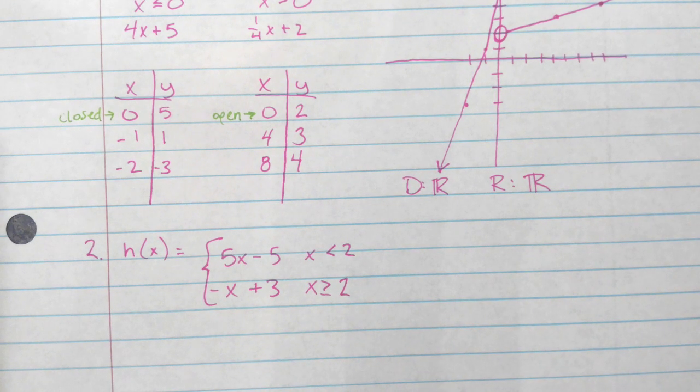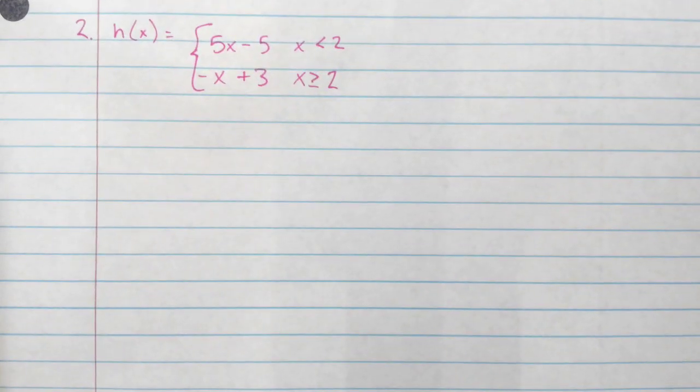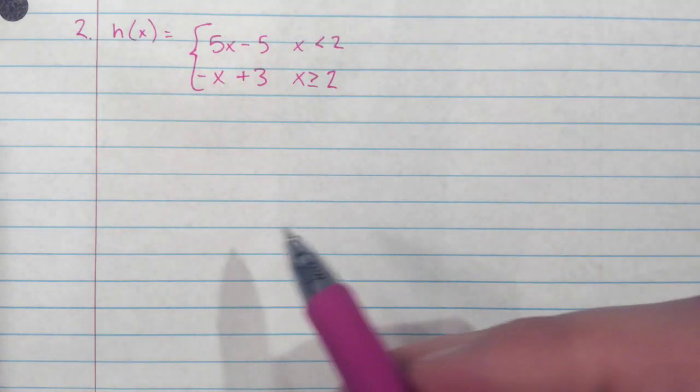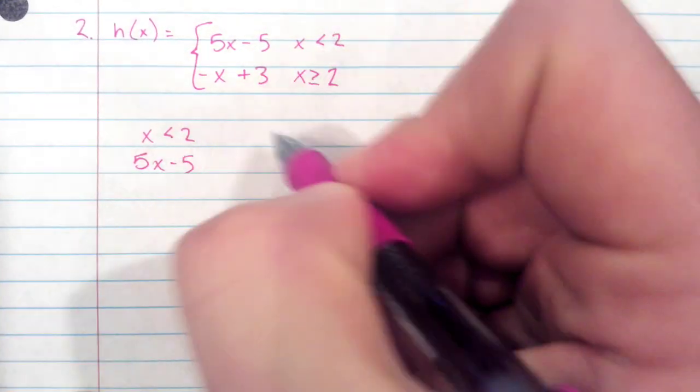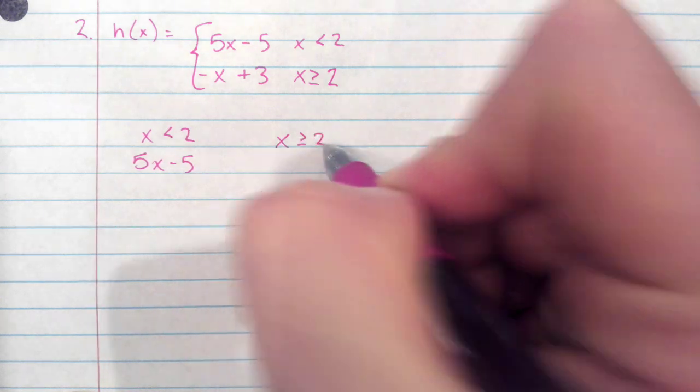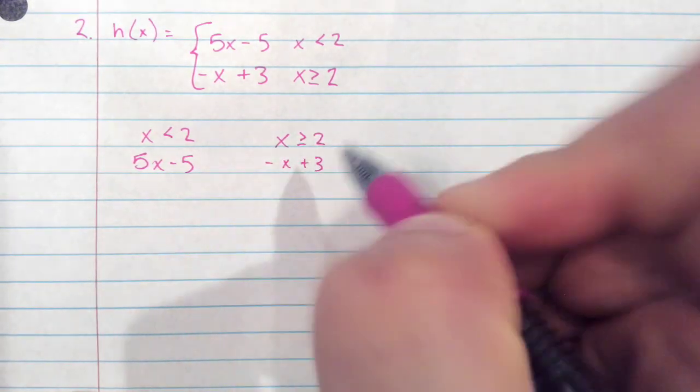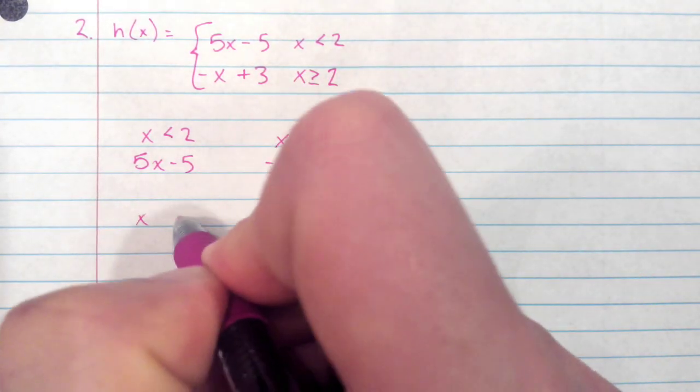All right, so then, again, just like before, I'm taking all that information and rewriting it. So when x is less than 2, it's 5x minus 5. When x is greater than or equal to 2, it's negative x plus 3. Make my xy tables for each.